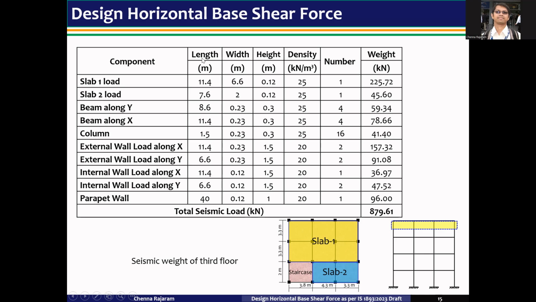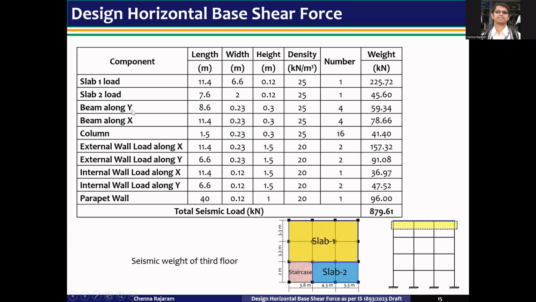For slab 1, the length is 11.4 meters, width 6.6 meters, thickness 0.12 meters, density 25 kilonewton per meter cube, and the number of slabs is 1. After simplifying, we arrive at 25.72 kilonewtons. Similarly, slab 2 load, length, width, thickness, density, and the number, then we arrive at 45.6 kilonewtons.